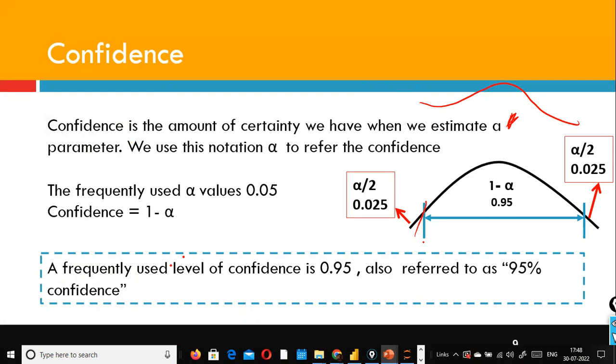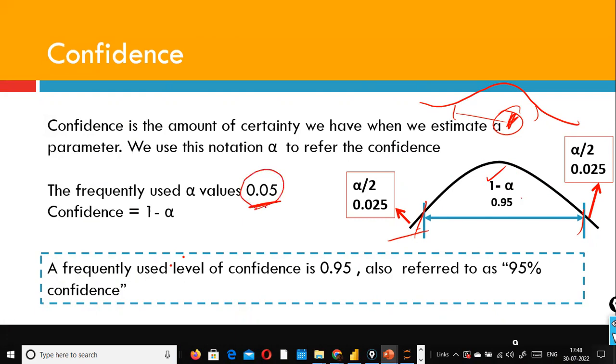So in this case, you are defining the boundary. So 0.025 on this left side, and 0.025 on the other side. So there is a 0.05 probability that you cannot make it on time, which means there is a 0.95. One is the total area under the curve, that is what I mentioned. 1 minus alpha. Alpha is 0.05.